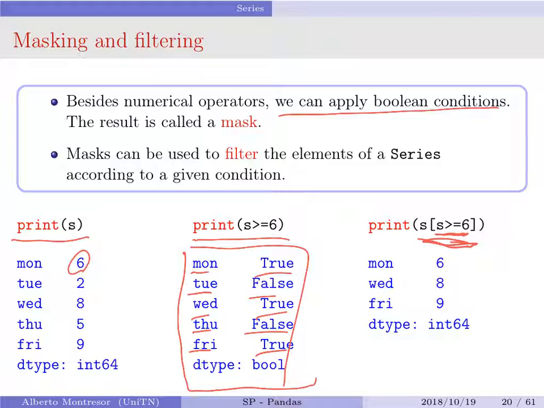Please compute for which elements the value is larger or equal than 6, then apply these true values to the original series and give me only those values. And you see, Monday 6, Wednesday 8, and Friday 9. Okay, and that's it. Questions so far?